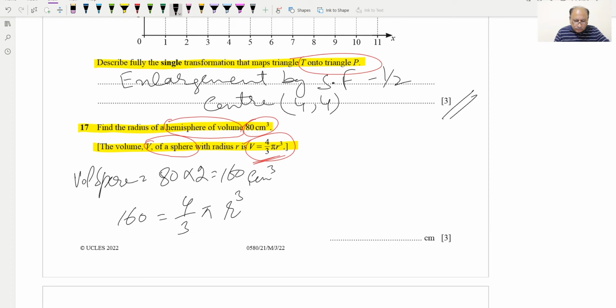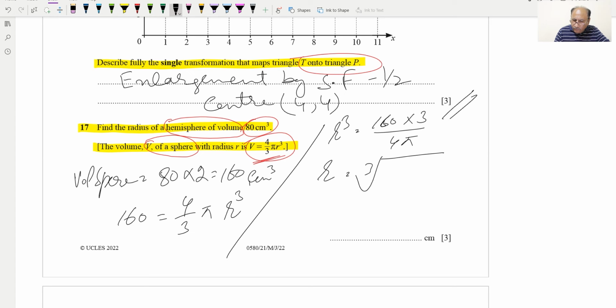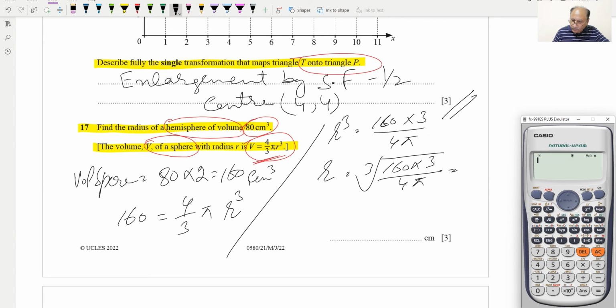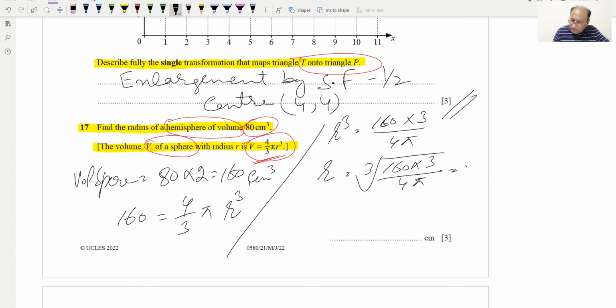Now we can make r the subject, so r cubed will be equal to 160 into 3 over 4 pi, and r will be equal to the cube root of 160 into 3 over 4 pi, and this will be equal to 3.367.